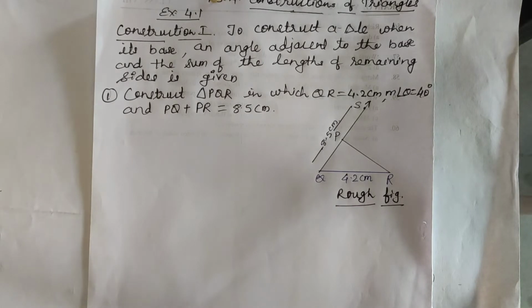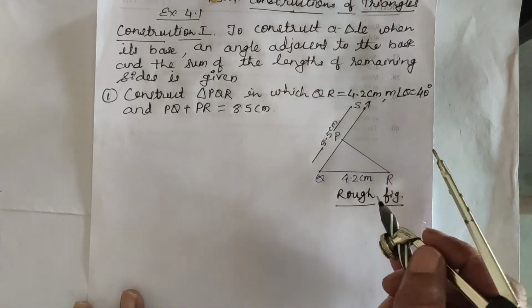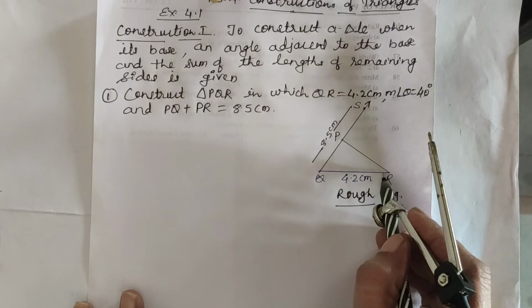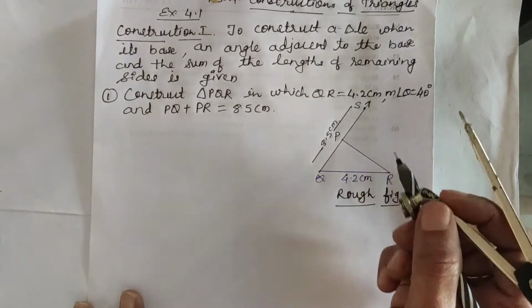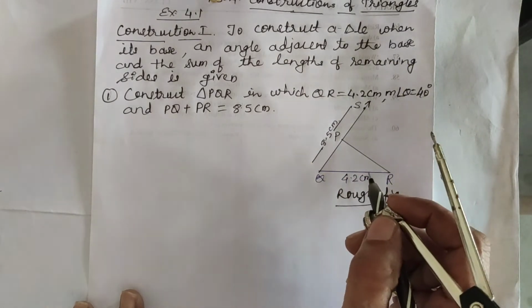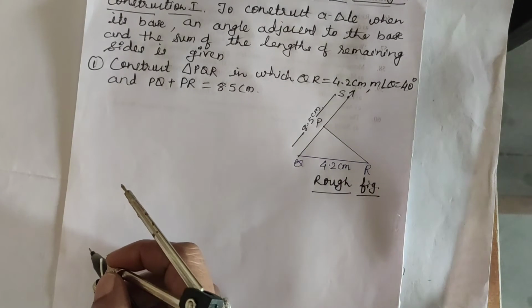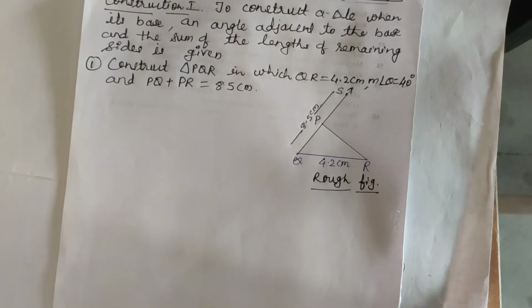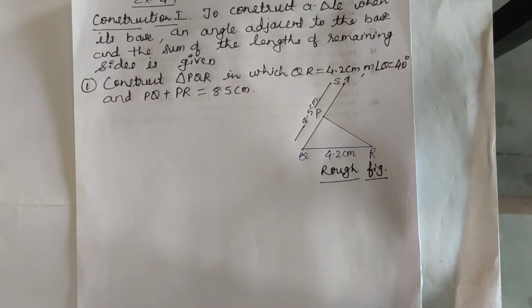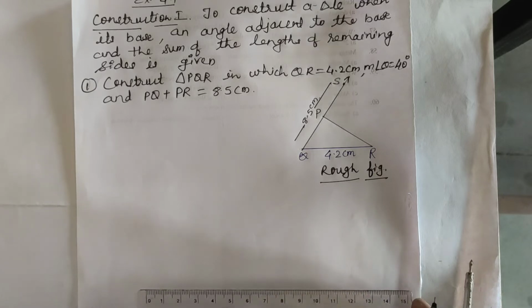Now see, as shown in the rough figure, first we draw QR. What is the length of QR given? 4.2 centimeter. Okay, so let's draw the segment QR.